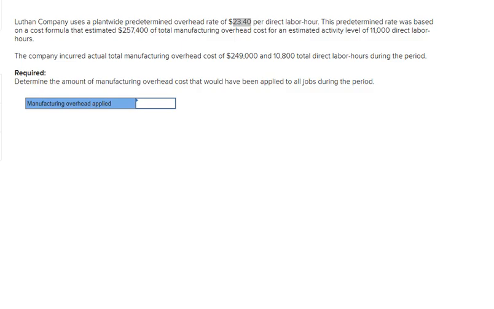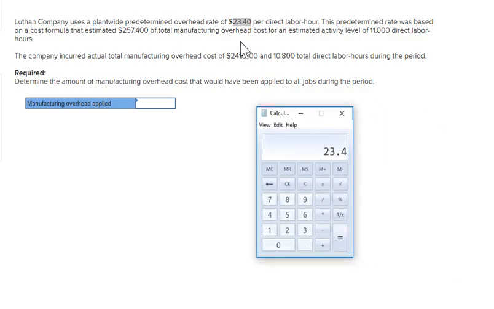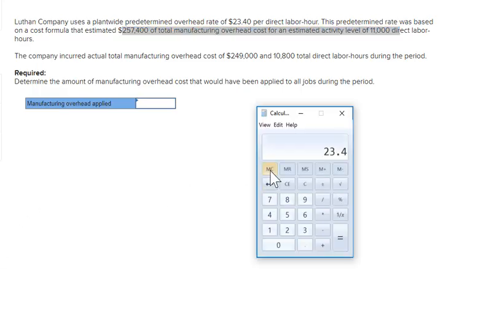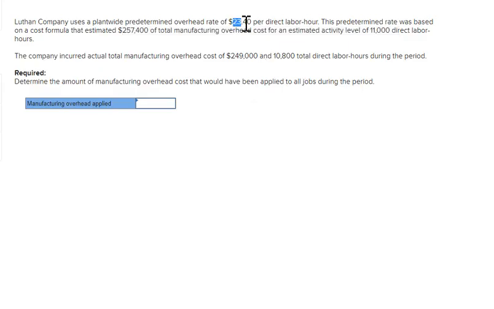That's how we get that. If the rate is not given to you, you should be able to calculate it based on these numbers. So you can verify that's the case: 257,400 divided by 11,000 gives you 23.40.